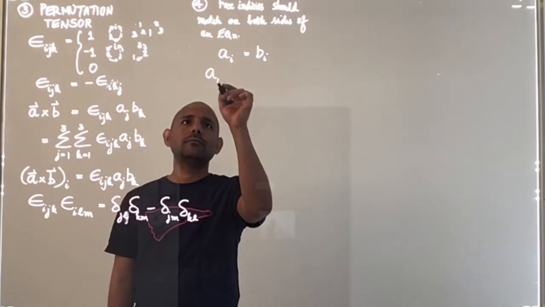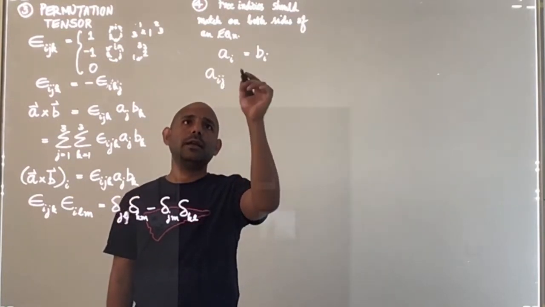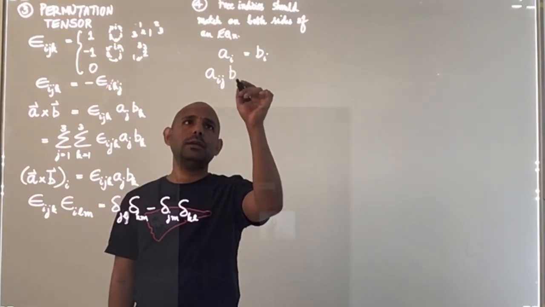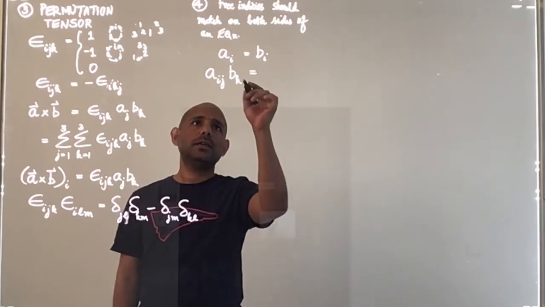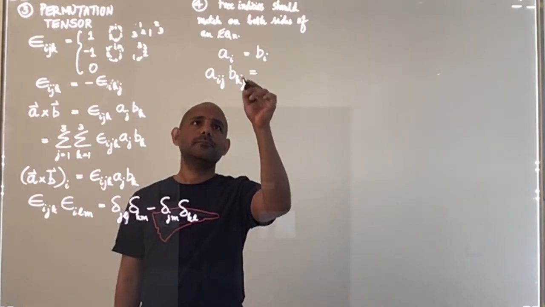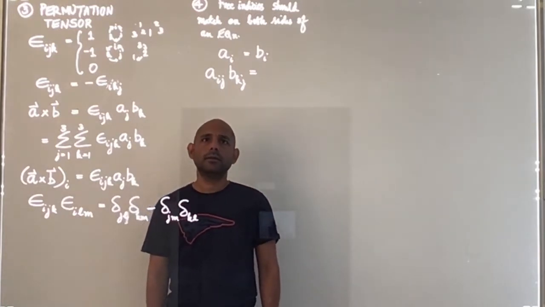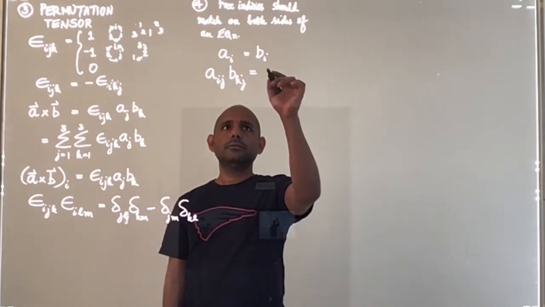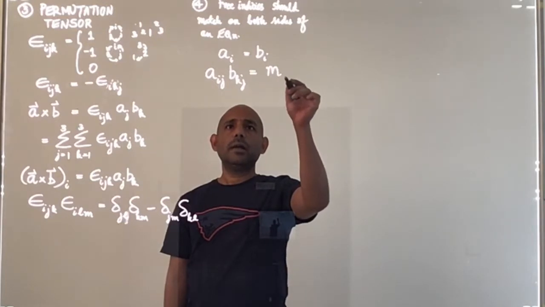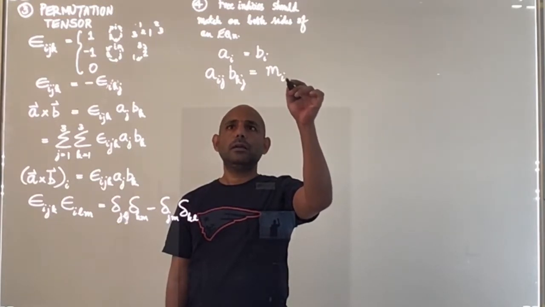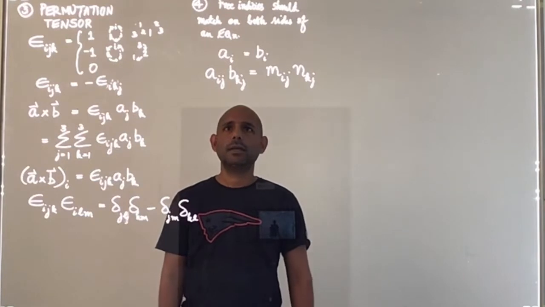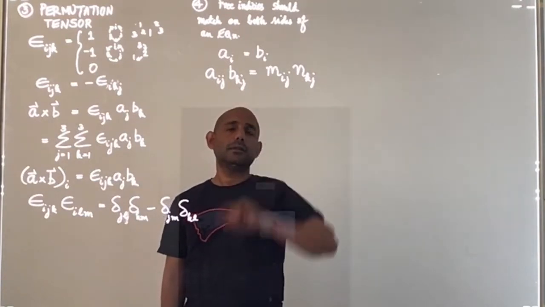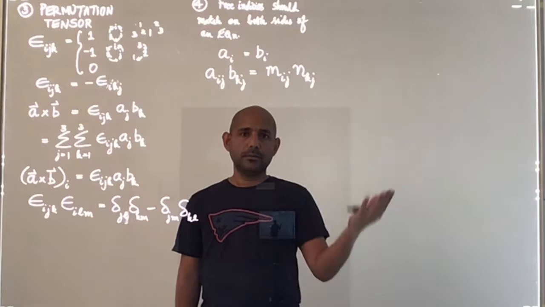An expression with more than one index, Aij Bk, is equal to, let's say, Mij and Kj. Okay? Here I and K are the free indices, so they should match.